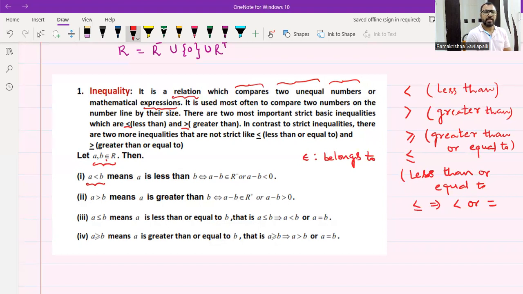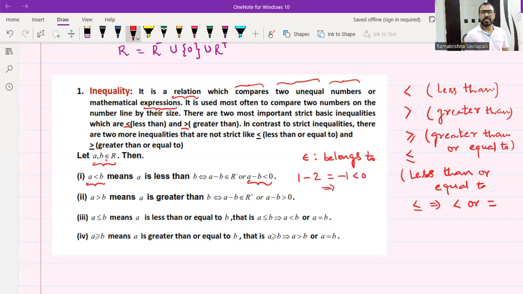A less than B means the quantity A is less than B. How do we say that? We take the difference A minus B. If A minus B is negative, then we write A is less than B. For example, 1 minus 2 equals minus 1, which is a negative number.